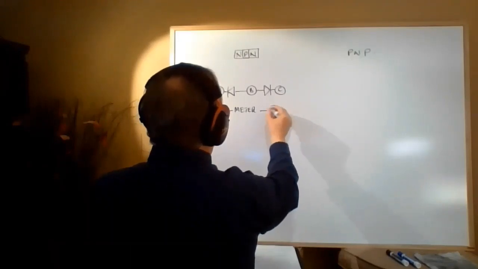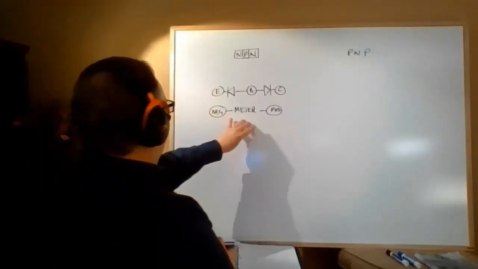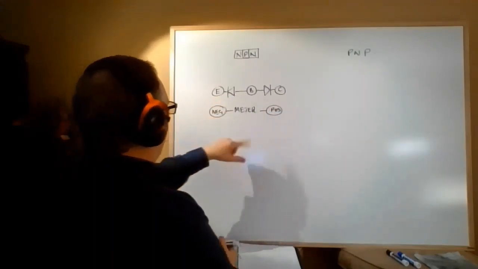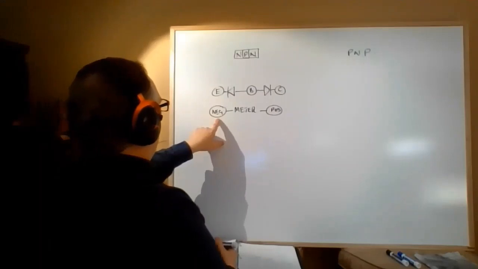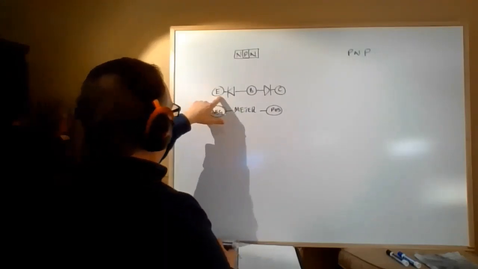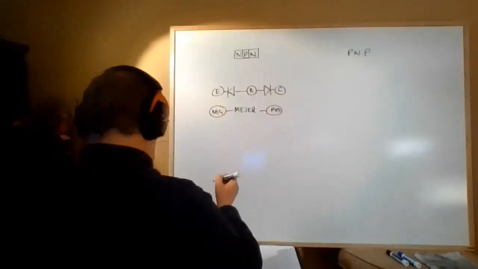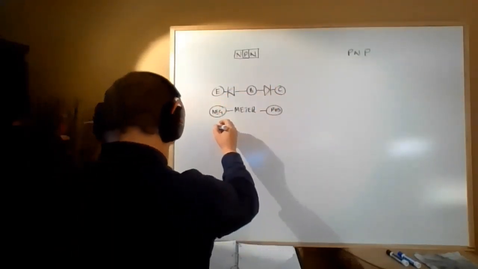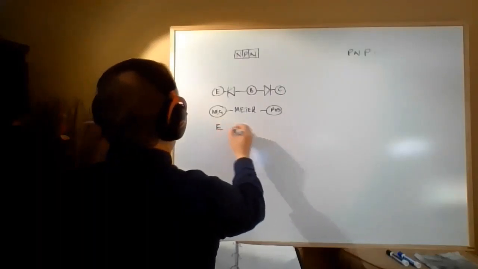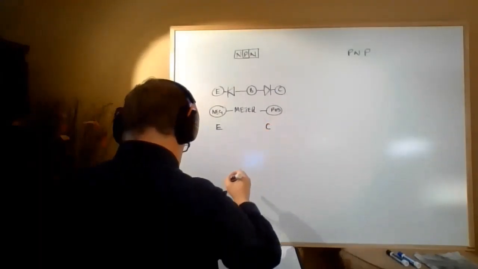Now we know that if you're going to take your meter and you want to test any of these points, forward biased means putting the negative lead on the N-type material. Now this is the N-type material over here, and P-type material in the middle. So let's start with this. I'm going to list these down kind of in the same way. This will be the emitter and the collector. These will be the two test points, okay?